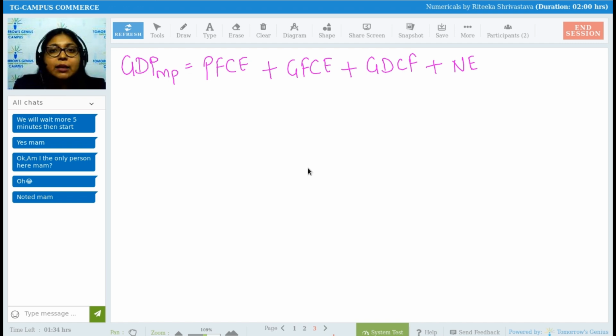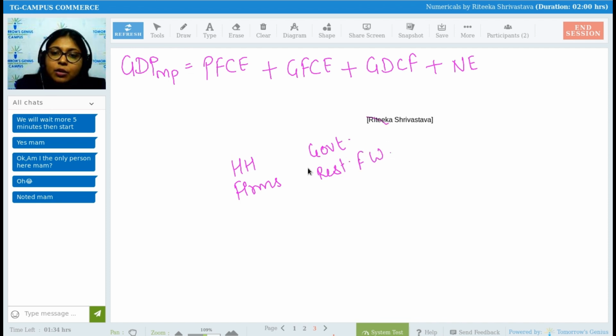Now again, with the name of the method itself, you should understand that it is the expenditure method. That means we are going to sum up all the expenses taken out by all the sectors of an economy. And what are the sectors of economy? At the very beginning we have done it. Household is a sector, firms, government, and rest of the world or foreign world.